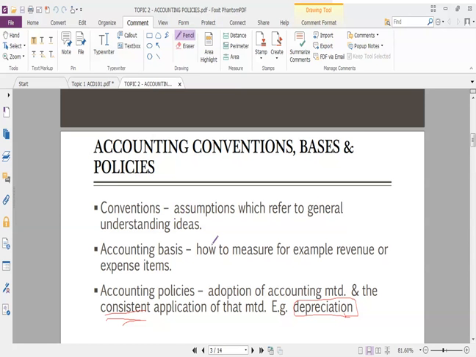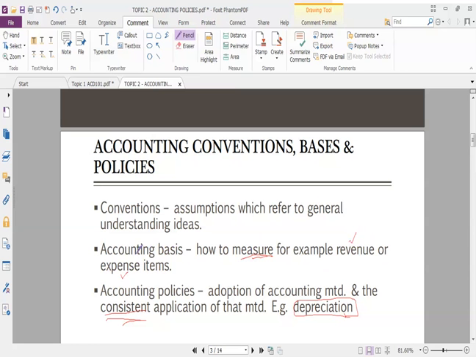The accounting basis refers to the process of how you want to measure things. For example, how you calculate revenue, or how you record expense items. That is accounting basis.